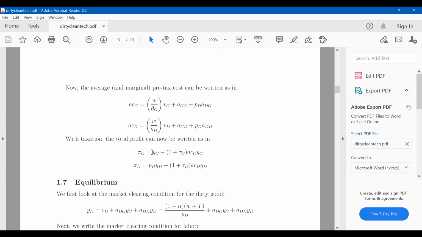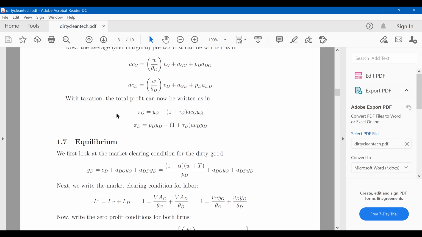So price is equal to 1 by normalization. So output is YG. And the total cost faced by the firm is written in this way. Okay. And we have the profit of the dirty firm. Similarly, there's the cost, tau d, and then we write it in this way.